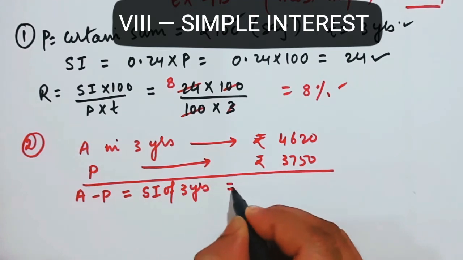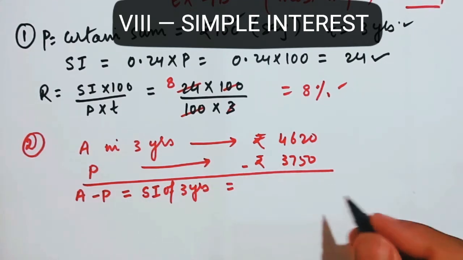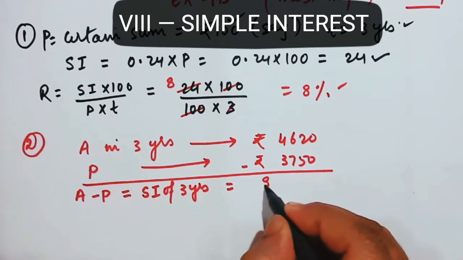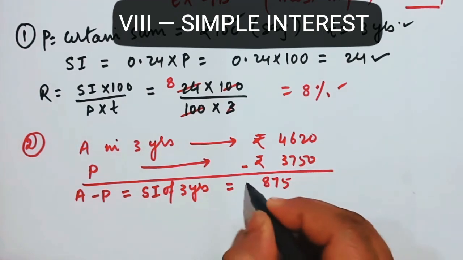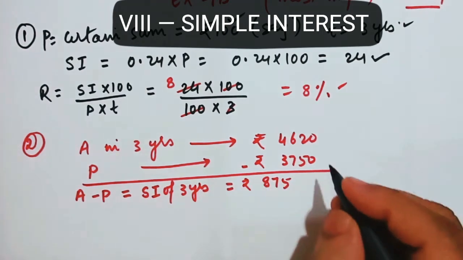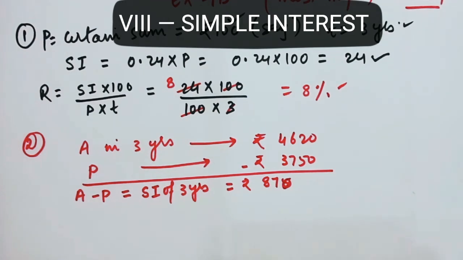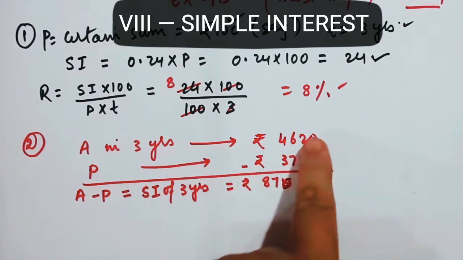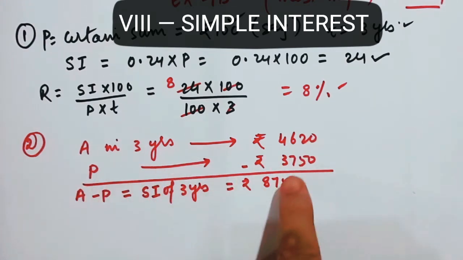So simple interest of 3 years will be equal to how much? 870. When you subtract this, you will get 870 as your simple interest of 3 years. Very good. Now you have the simple interest of 3 years, you have the amount of 3 years, principal as 3750.